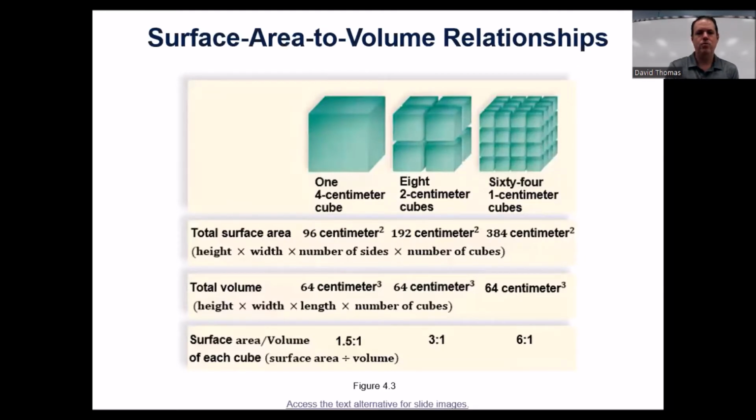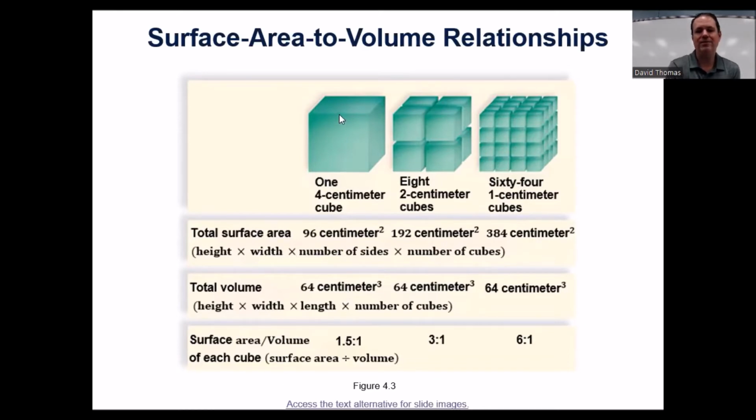This figure 4.3 tries to illustrate that. Imagine a cell was basically one cube-type size, and you calculated the surface area using the formula there. It would come up with 96 square centimeters, and the volume would be 64.